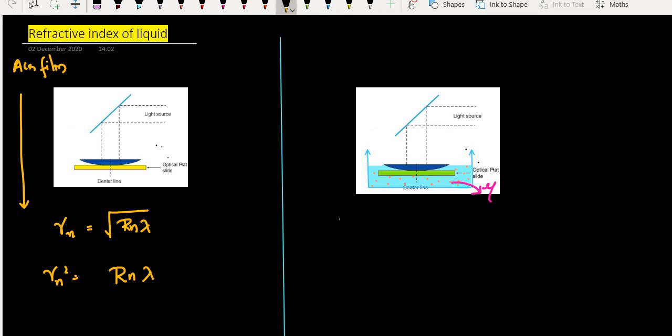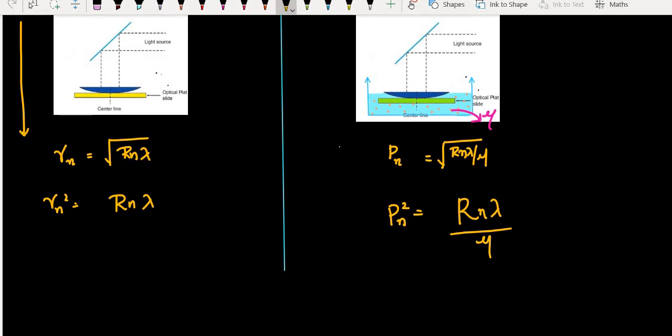The radius of the nth dark ring in the liquid, suppose it is Pn, is equal to root of Rn lambda divided by mu. And Pn square is Rn lambda divided by mu. These are my values.